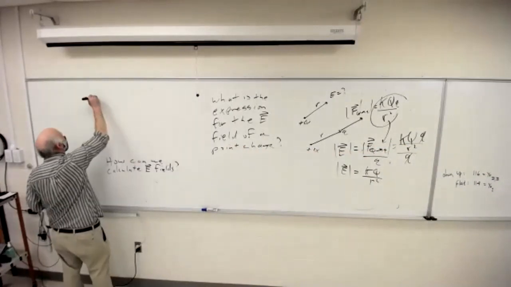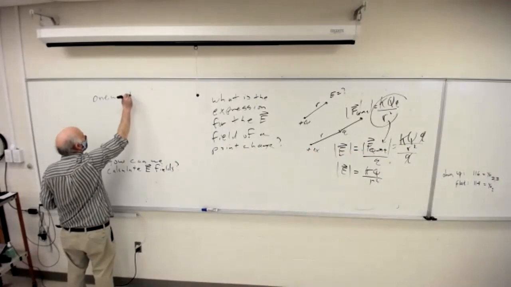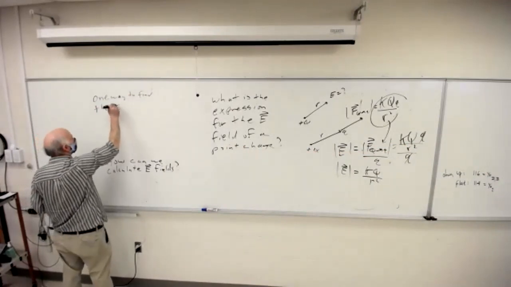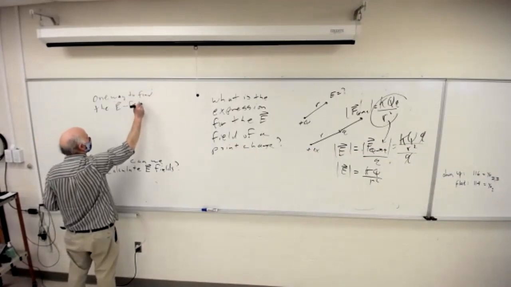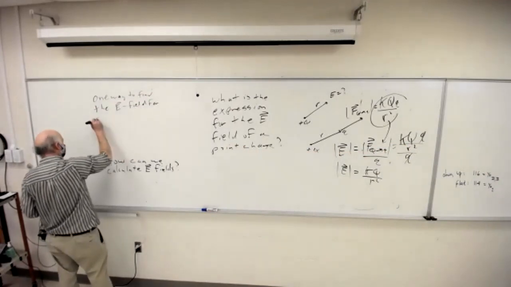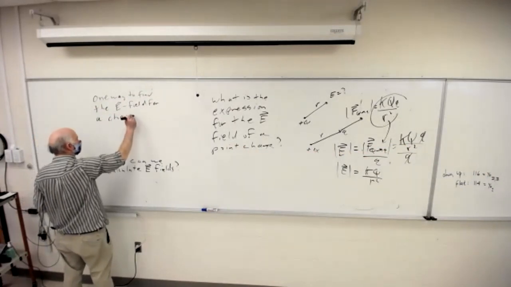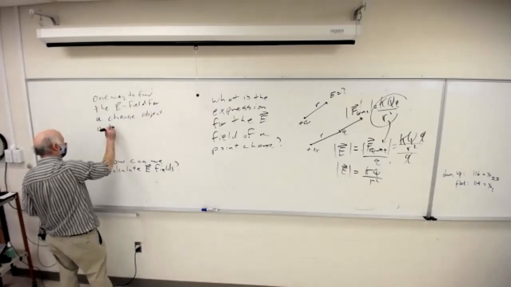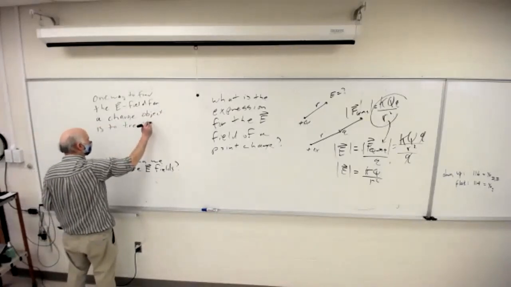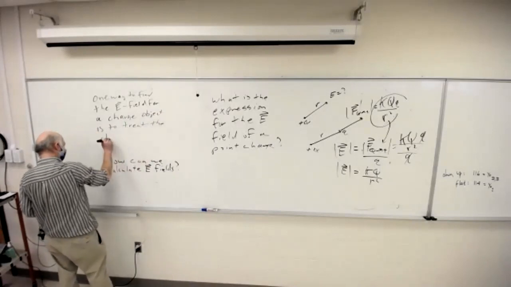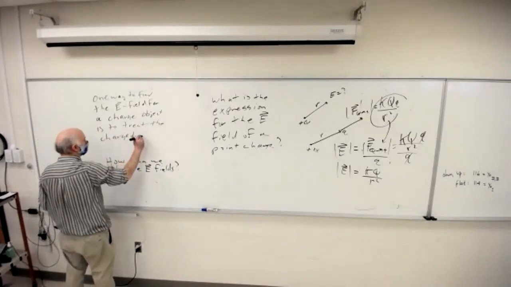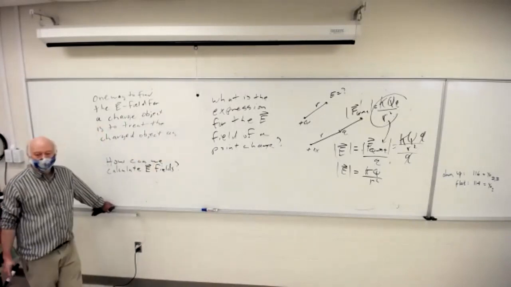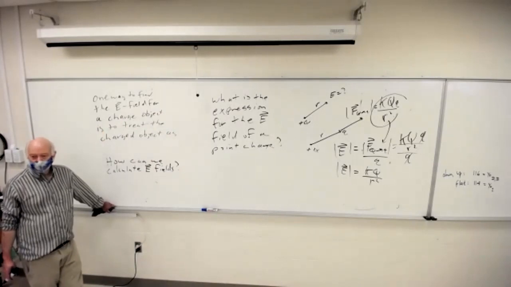Now, why do I mention this? One way to find the E field for a charged object is to treat the charged object as, what do you think we could treat it as?